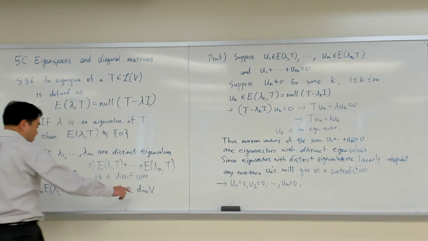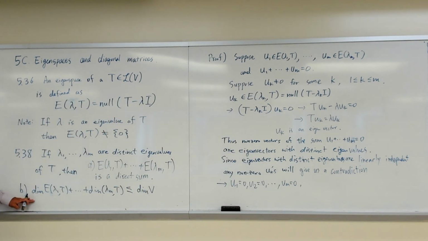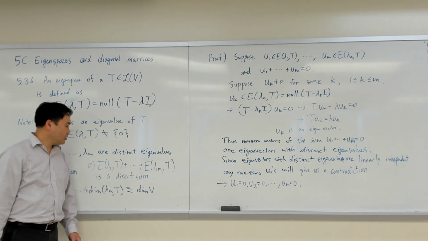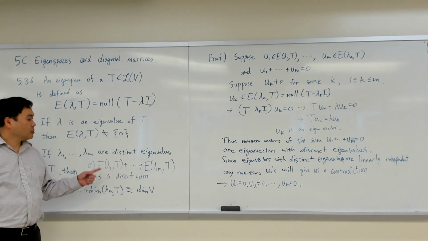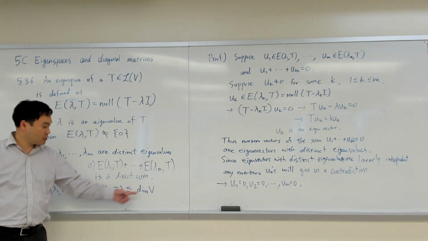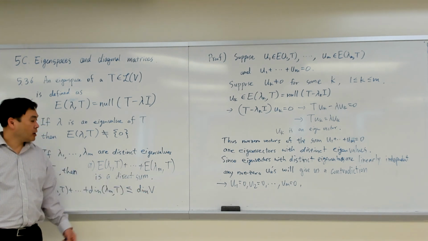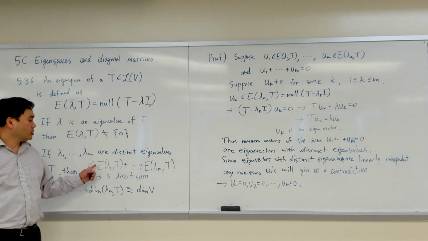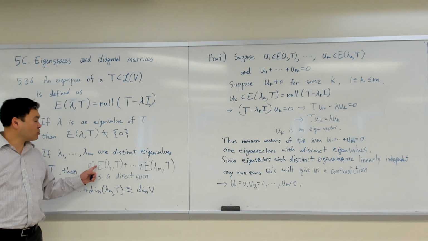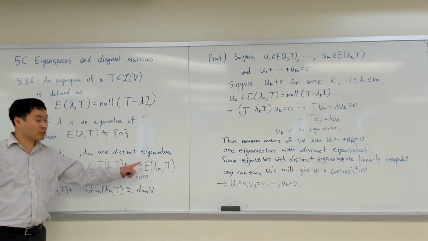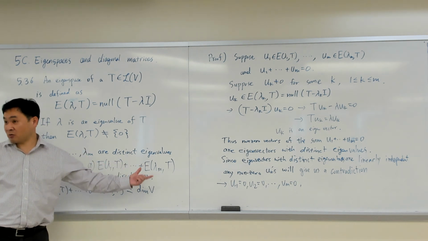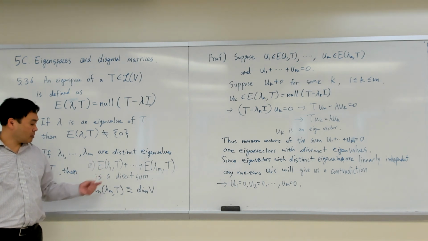the second part is just a homework question that we already did, just to explain a little bit. If it's a direct sum, then the dimensions just add up, right? But the direct sum is a subspace of the entire space V, and therefore the dimension of the direct sum is less than or equal to the dimension of V. But since the dimension of the direct sum is the sum of the dimensions of each vector space, we know that this inequality should hold.